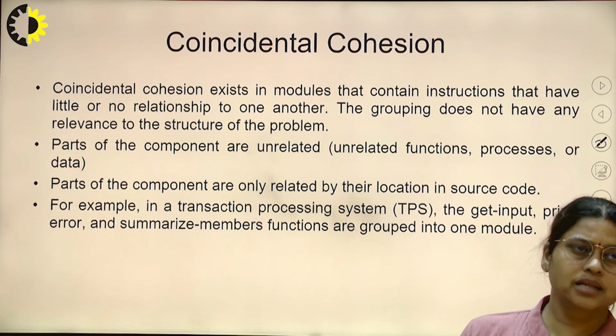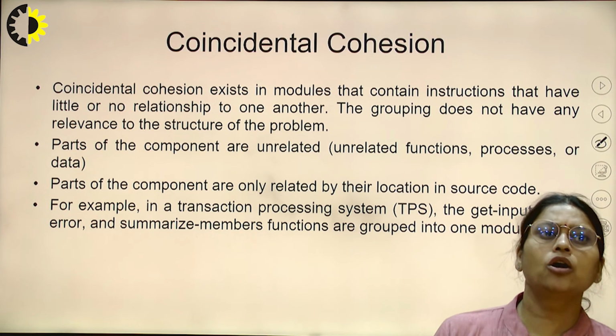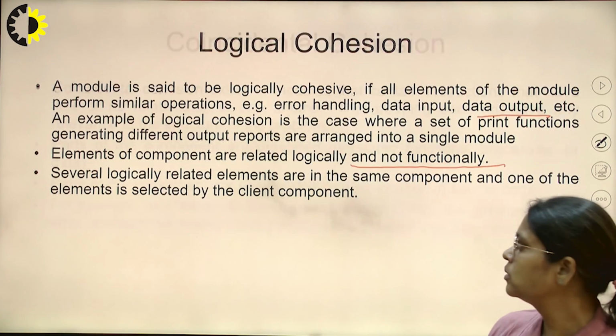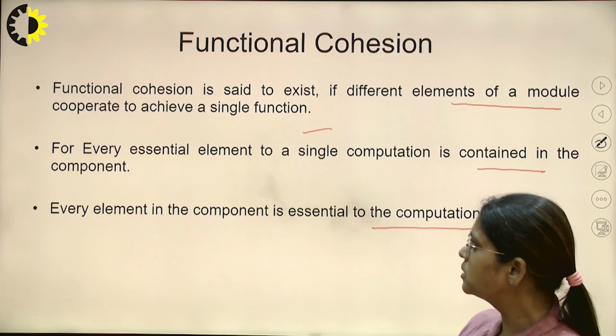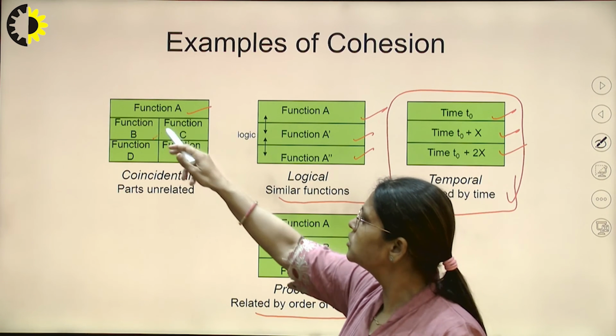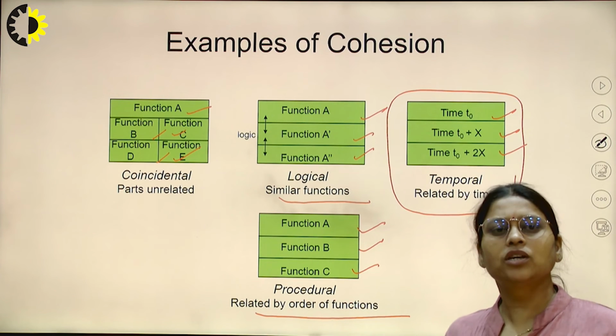And next is coincidental cohesion. This exists in modules that contain instructions that have little or no relationship with another function. In coincidental cohesion, all the functions are distinct from each other and are not logically or functionally correlated.